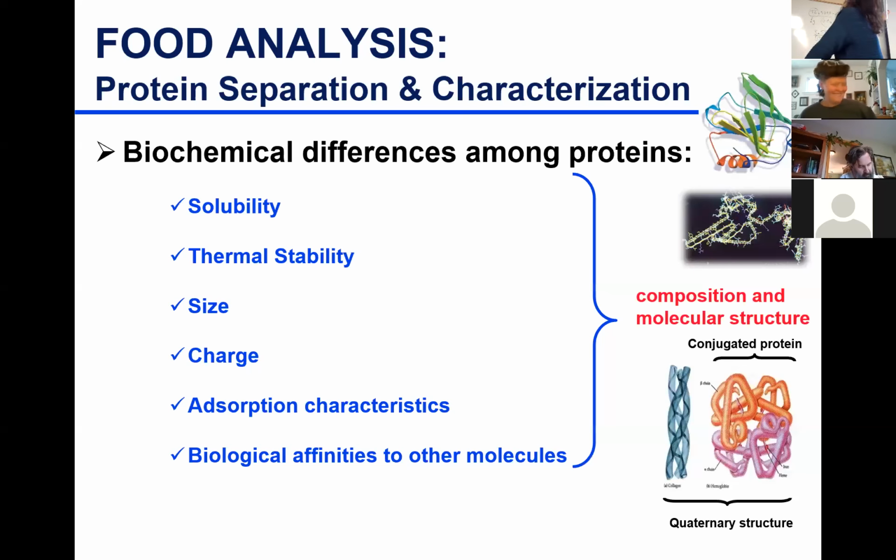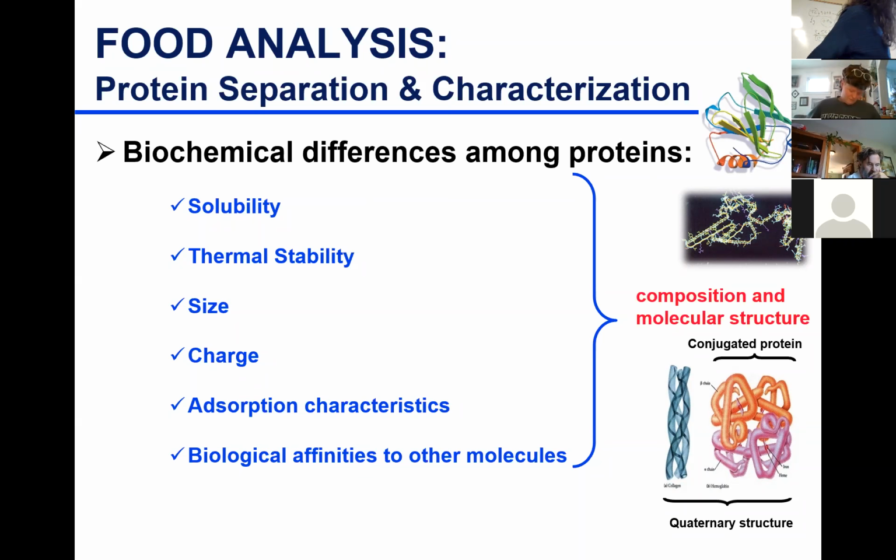Biochemical characteristics are related to the size of the protein and the charge of the protein, which indicate their solubility, their thermal stability, how well they absorb to different matrices, and their biological affinity to other molecules.